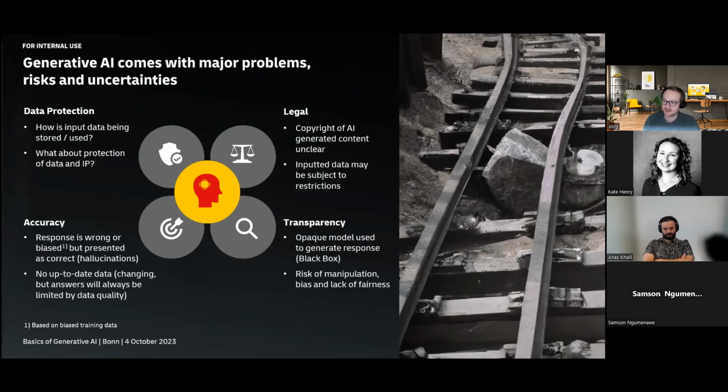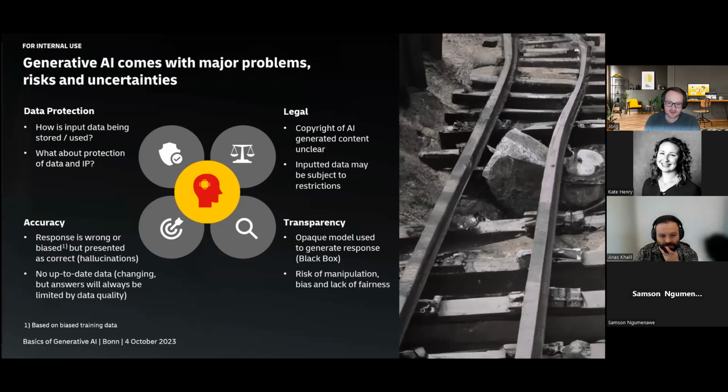So it's still, I think, disputed. And also, can you yourself be liable if you use output from GPT which was taken from intellectual property? That is also not 100% clear.